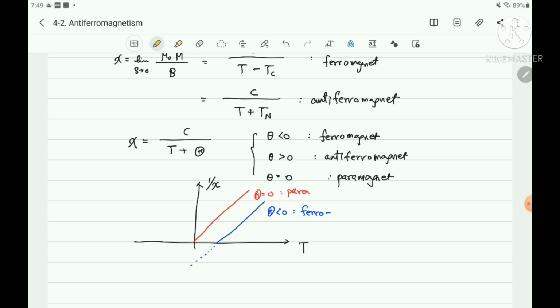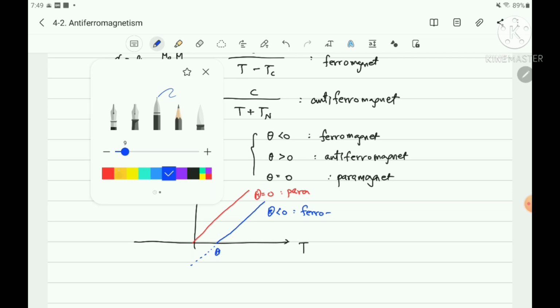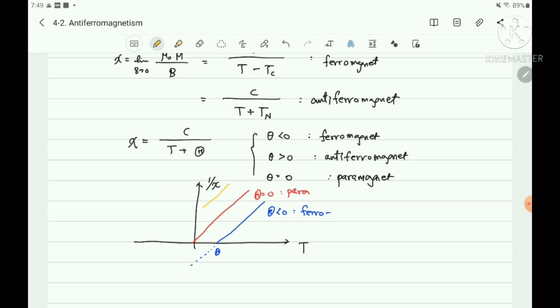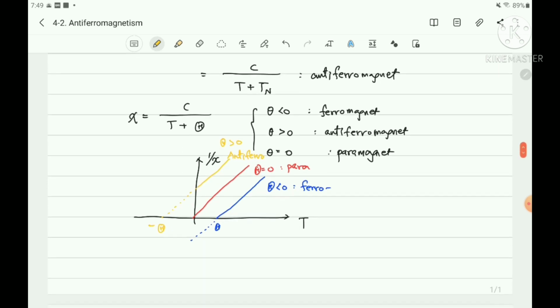And for a positive zeta value, it is an antiferromagnet.